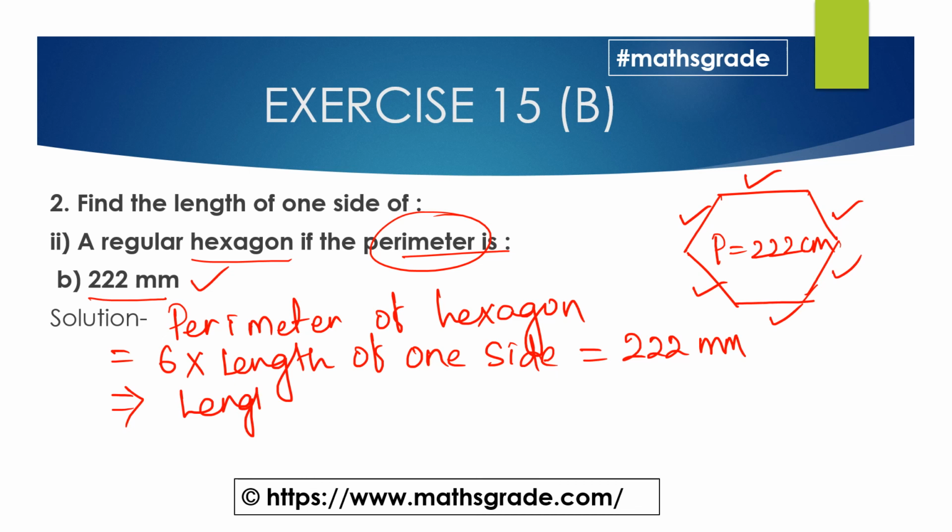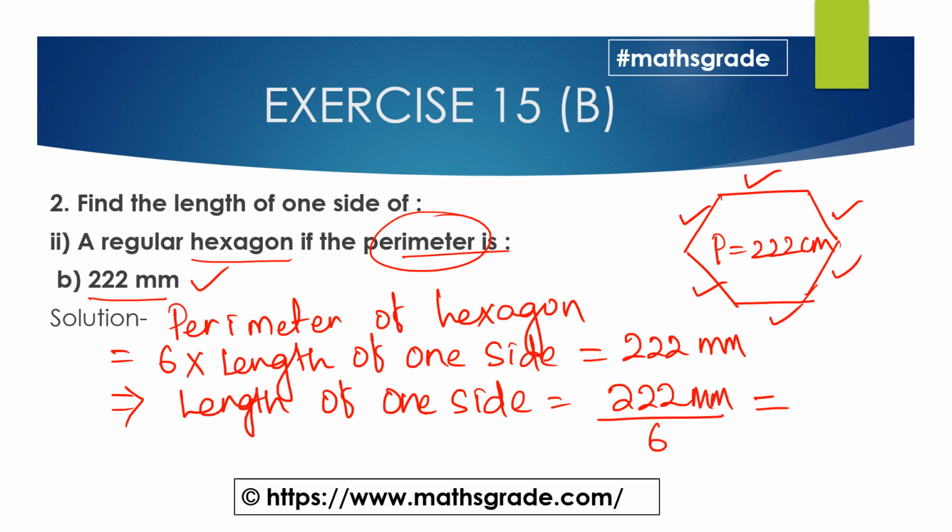So length of one side will be 222 millimeter divided by 6. 6 3s are 18, and 22 minus 18 is 4, bring down 2 to get 42. 6 7s are 42.